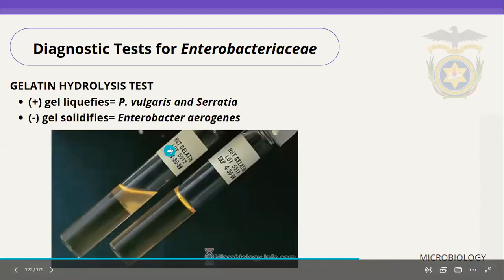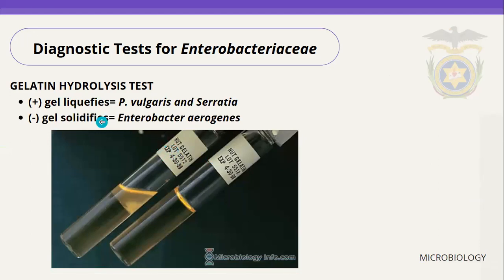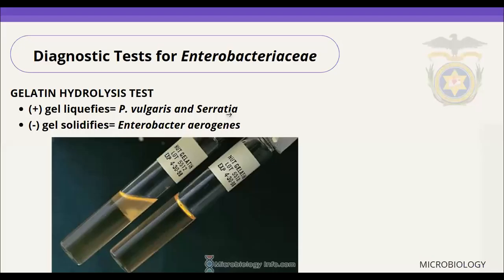So our next test is our gelatin hydrolysis test. If the gel liquefies, it means that the gelatin hydrolysis test is positive, and if the gel solidifies, it means that the test is negative.